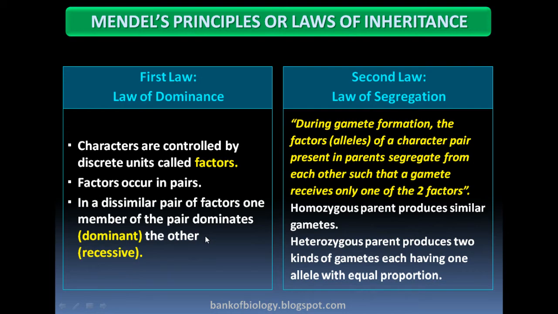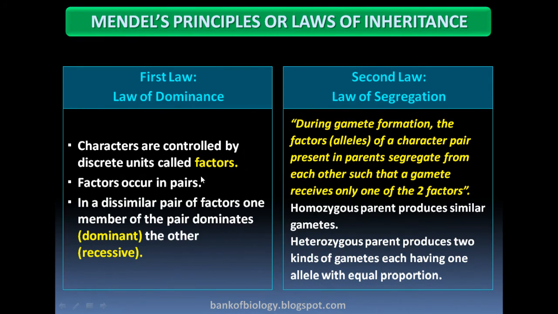Dominates the other means if we have a dissimilar pair of genes such as capital T and small t, then if both are present, only capital T, one of the members, dominates, means is expressed. And all the factors or genes occur in pairs, and characters are controlled by discrete units called factors.